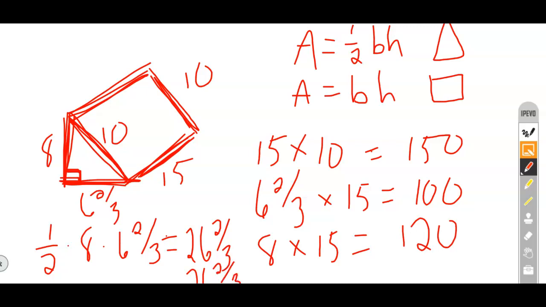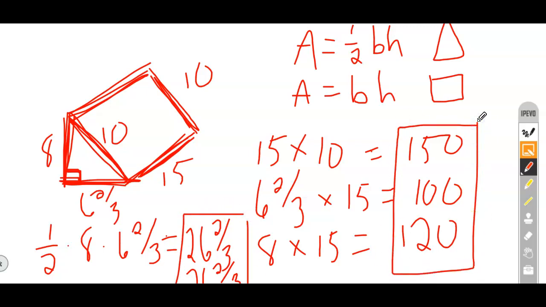So now, surface area is putting all of these together. My 2 triangles, along with my 3 rectangles. When I put those all together, what do I get?